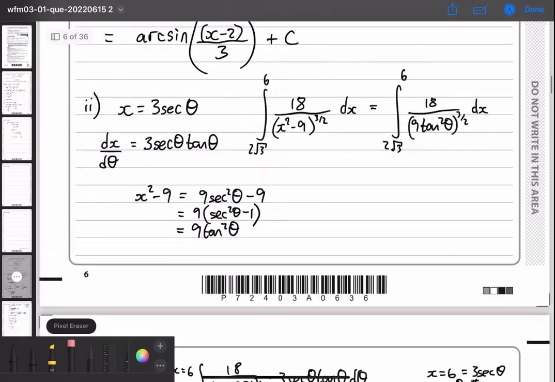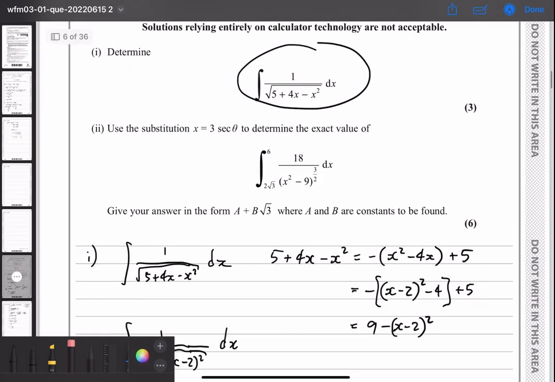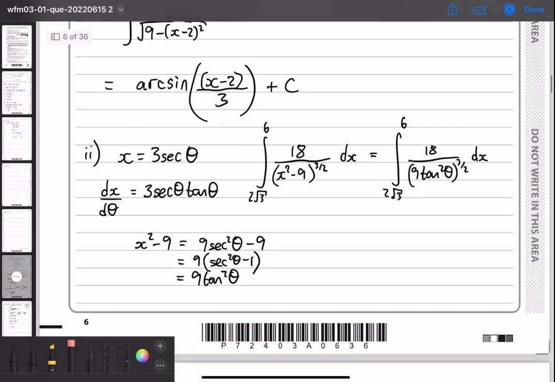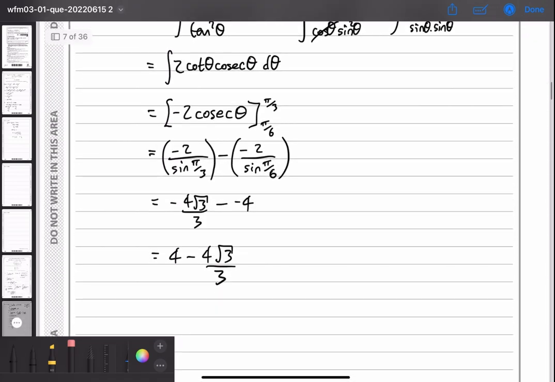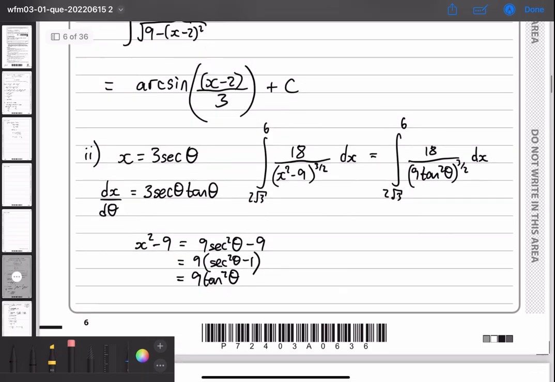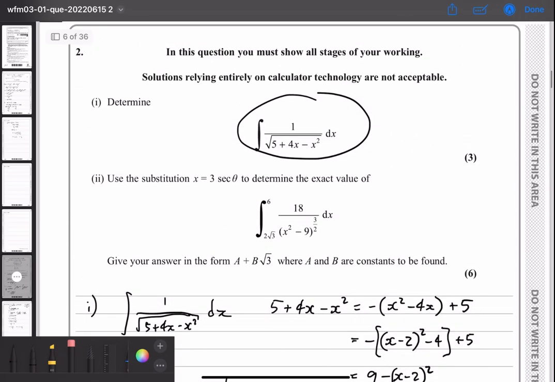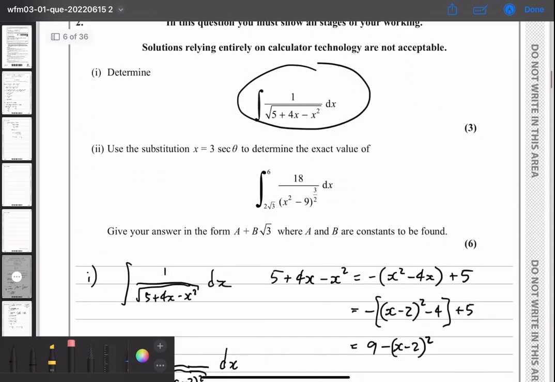And if I quickly go back, we want a plus b root 3, so that's good. The root 3 agrees, so a here would be 4, and b would be minus 4 over 3. And that is the end of part 2, and therefore the end of the question. On to question 3.